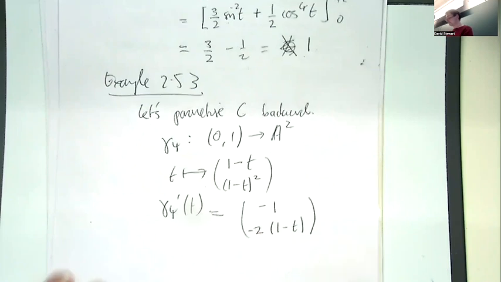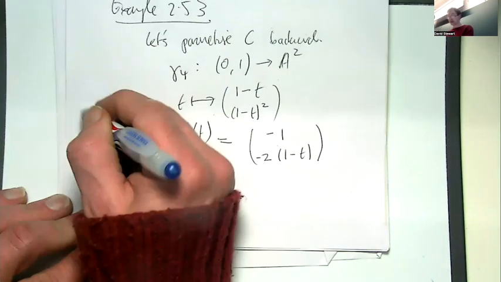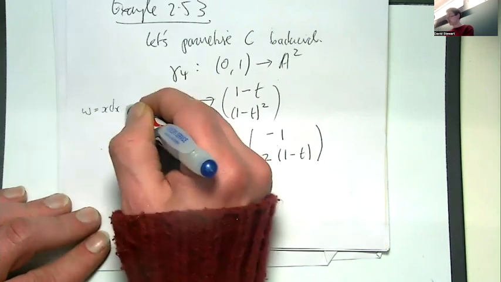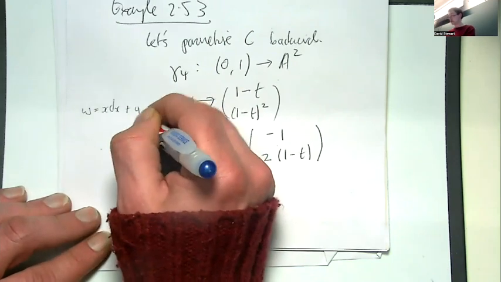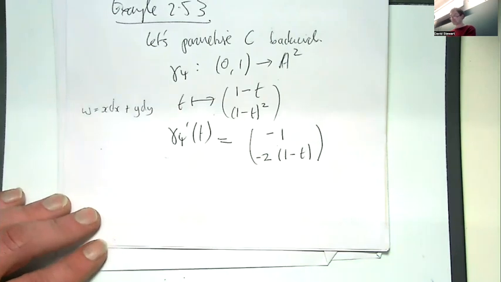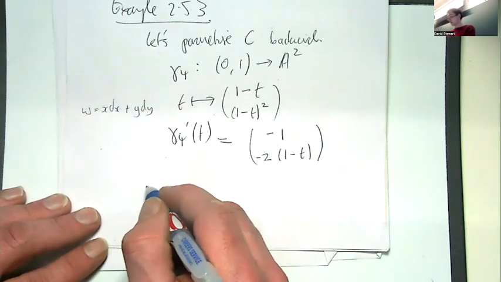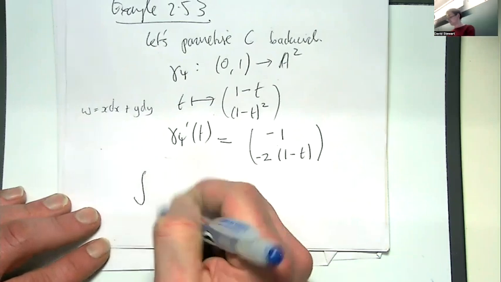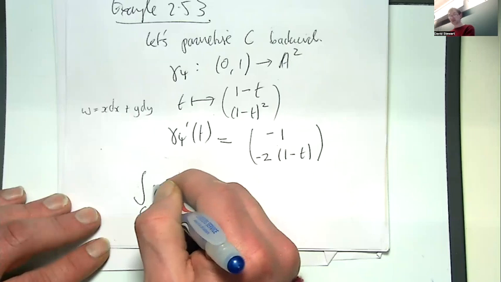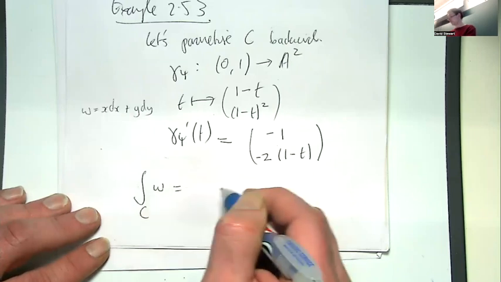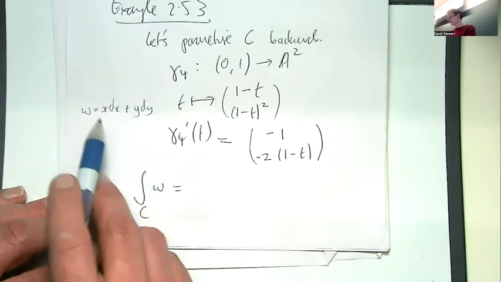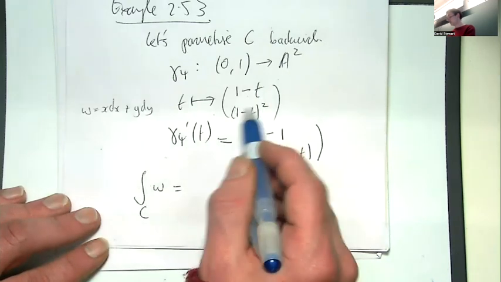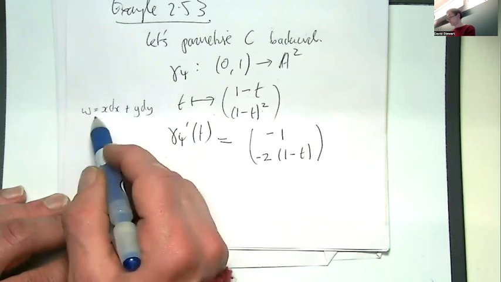Okay. And I'll just write this down again, just in case we've forgotten. The one form we're looking at is x dx plus y dy. To do that integral along this new curve here, we are going to plug the point that we're looking at into the one form.